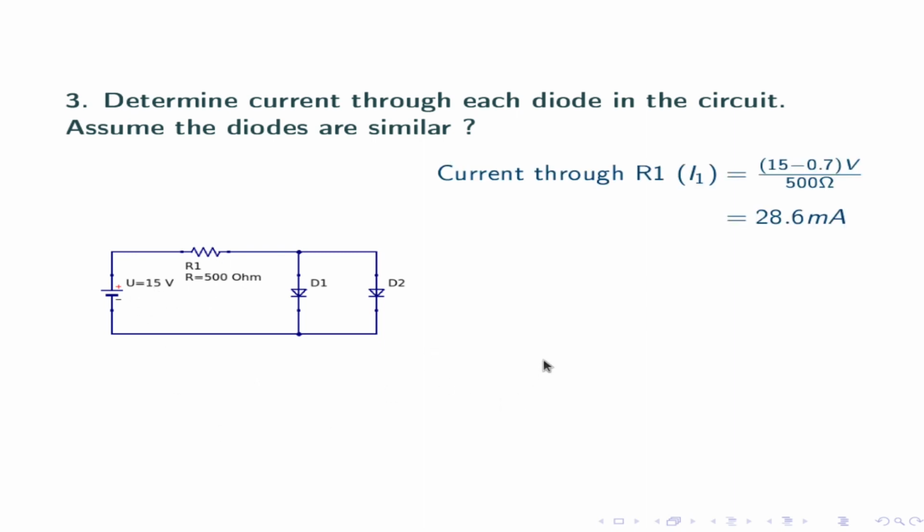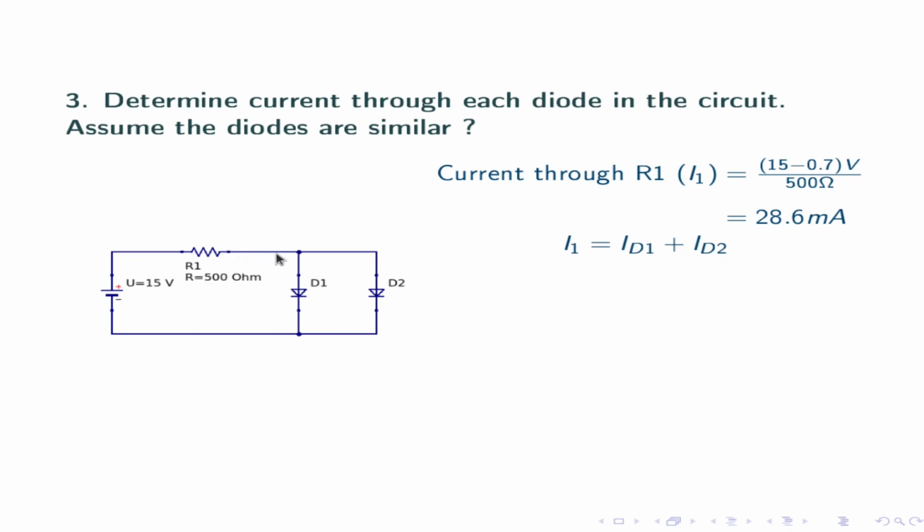So current through R1, we call it I1, that is 15 minus 0.7, the drop across this diode, is the voltage developed across this junction, and the resistance is 500. Therefore, current through R1 is 28.6 milliampere, and I1 is equal to that current.